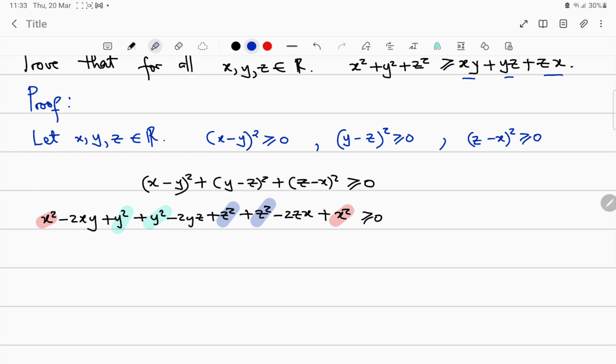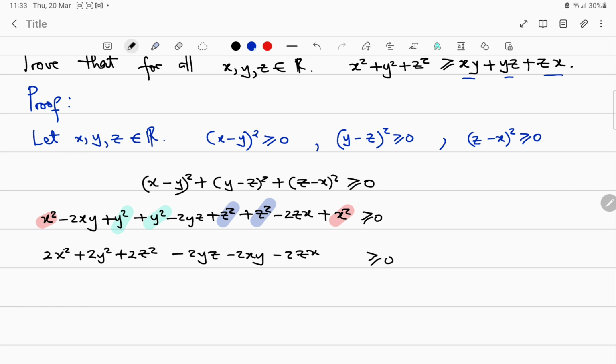So it means that we are forming 2x squared plus 2y squared plus 2z squared. We still have minus 2yz, minus 2xy, minus 2zx. They are all greater than or equal to 0.